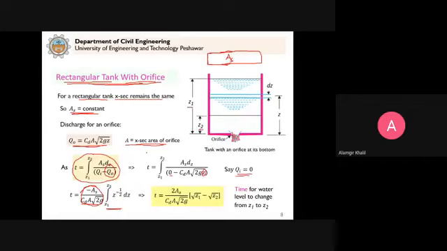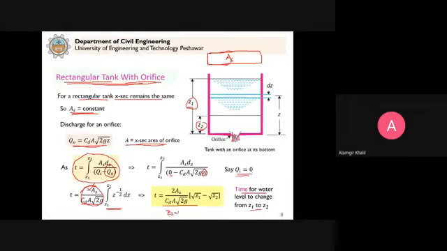When you evaluate this integral and take care of the negative sign, we get t equal to 2 AS divided by Cd A square root of 2g into the square root of Z1 minus the square root of Z2. So this is now the specific equation for this case to calculate the time for the water level to drop from Z1 to Z2. For example, if we want to completely empty the tank, then Z2 should be equal to 0.